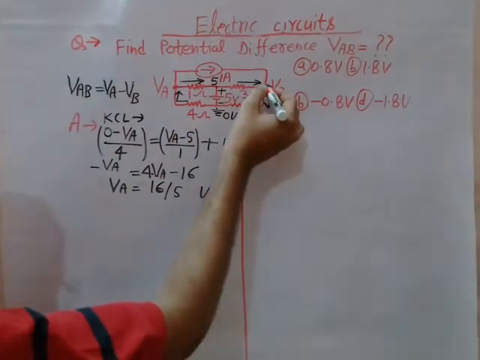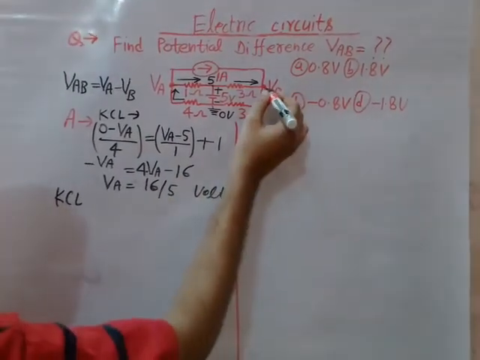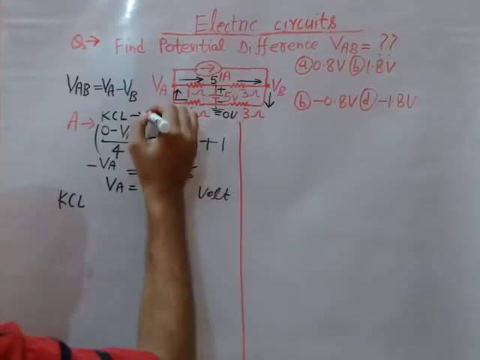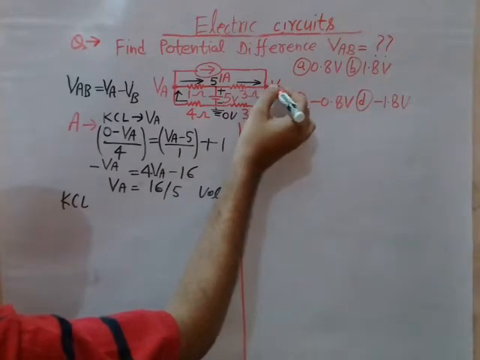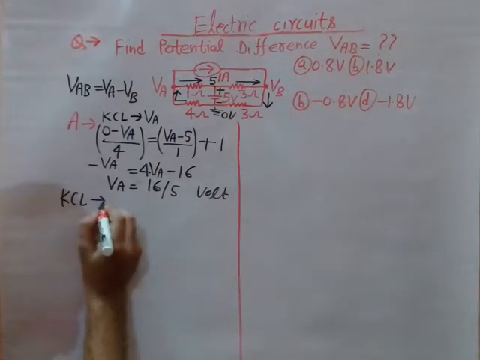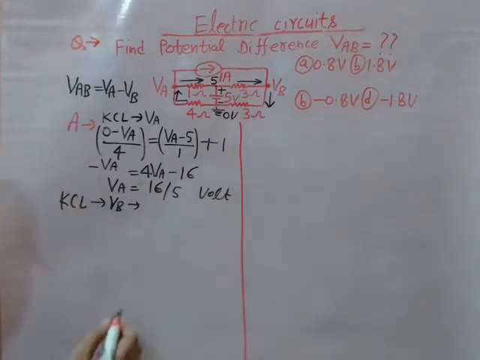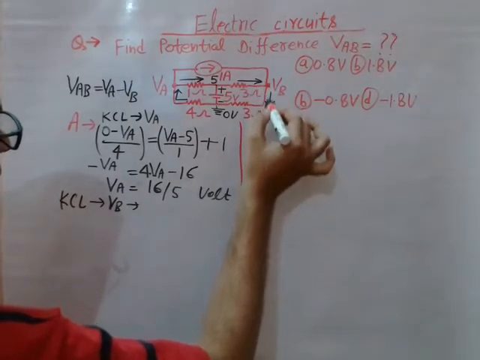Now apply Kirchhoff's current law at this particular node VB. So this was Kirchhoff's current law at node VA, and now I'm going to write it at node VB. At this node, this is the incoming current, this is also incoming current, this is outgoing current.